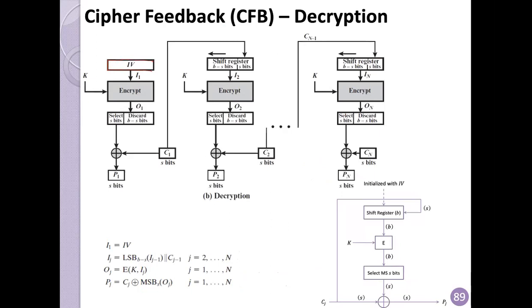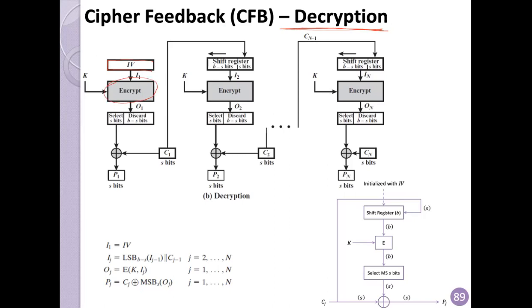Interesting point. Unlike the other method that we just talked about, unlike the cipher block chain mode, here for decryption, and this is a very important point, guys, we are using another round of encryption.